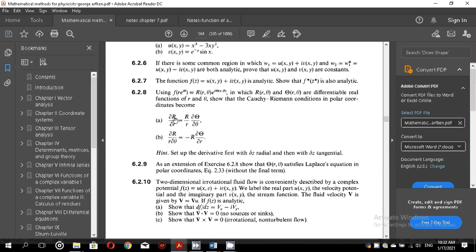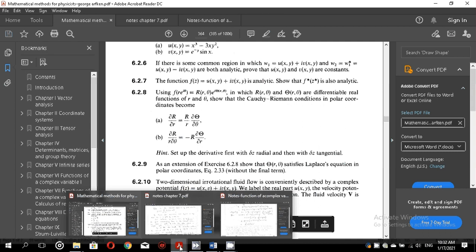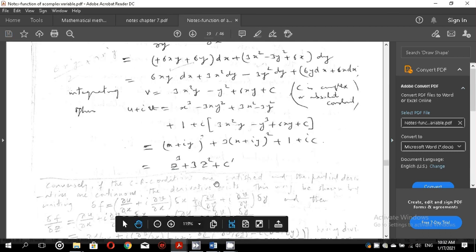So these are the CR conditions in polar coordinates, where capital R is the real part and capital theta is the imaginary part of the given function. And let me see where I have solved this equation, somewhere here from my notes.